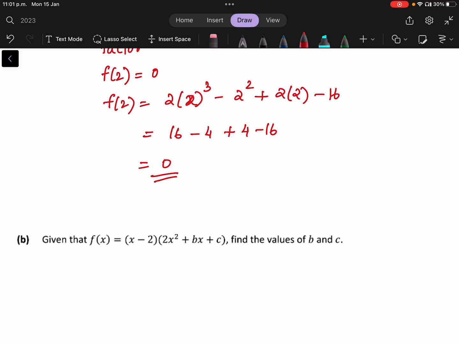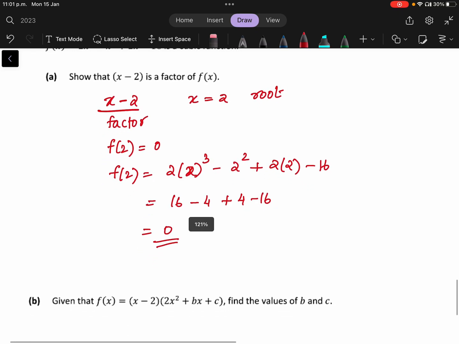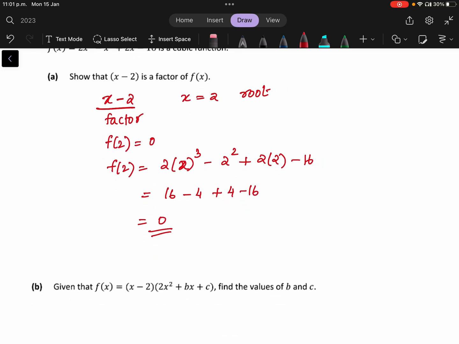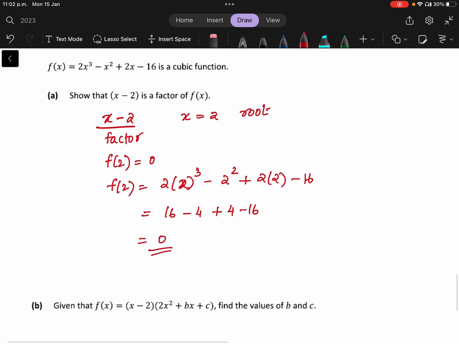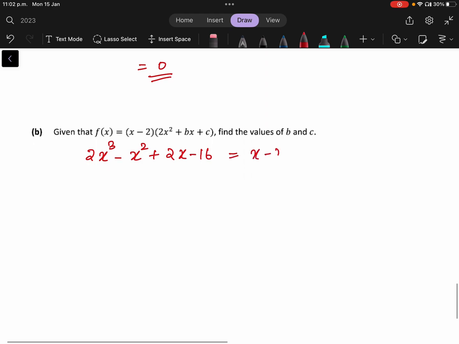Show that f of x is equal to this one. So for f of x, we have the values. It's the same as before. You need to equate the coefficients. So let me just write the f of x here. So 2x cube minus x square plus 2x minus 16 is equal to x minus 2 times 2x square plus bx plus c.